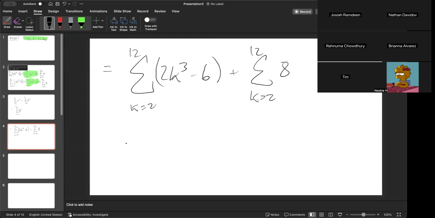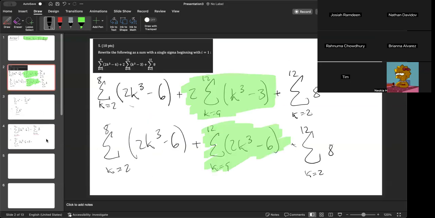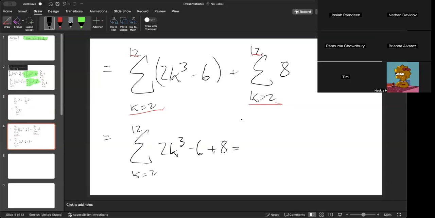Now, since these two have the same limits, I can combine them. And then this becomes the sum from k equals 2 to 12 of 2k cubed plus 2.